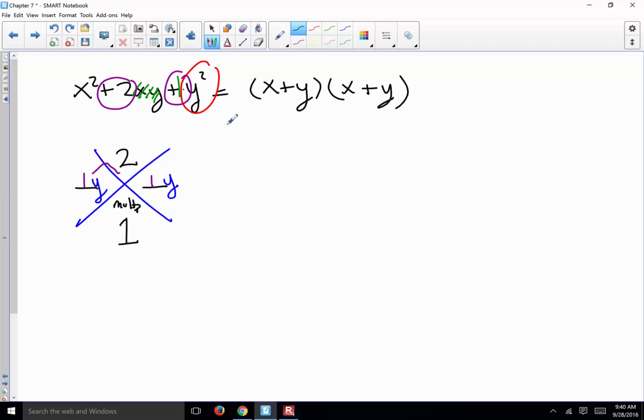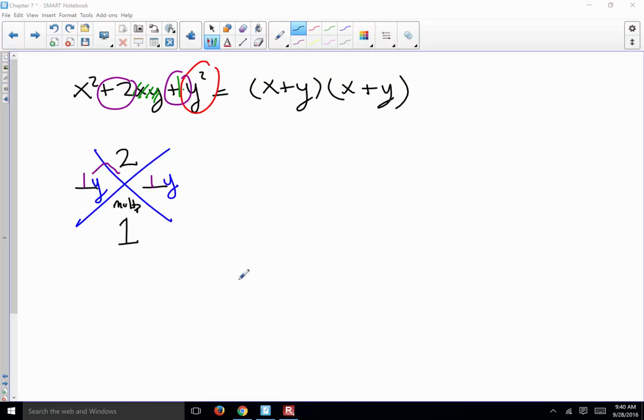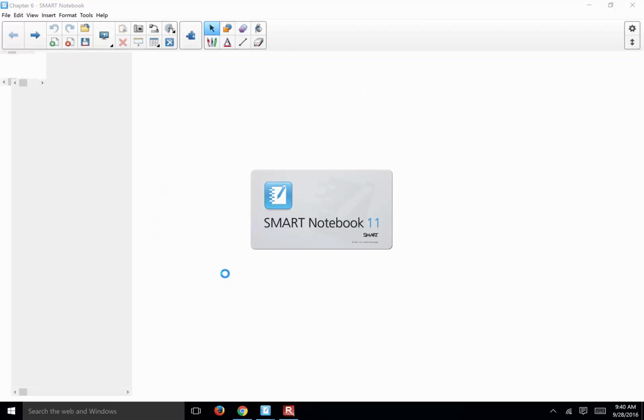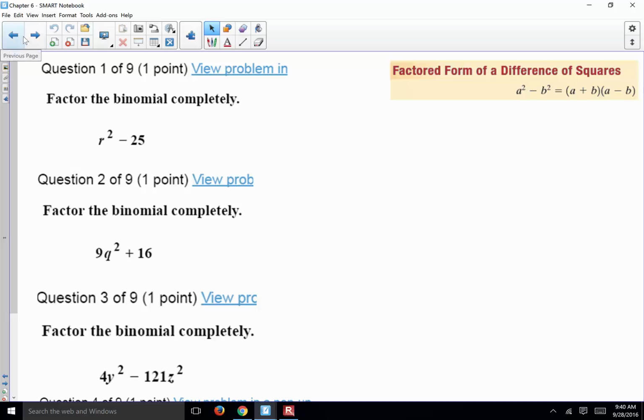But you have seen this formula. This is not the first time you are observing it. So let me go back to chapter 6 and show you that you have seen this before. It's called square expansion. It should be in the later section somewhere, 6.6 or 6.7.